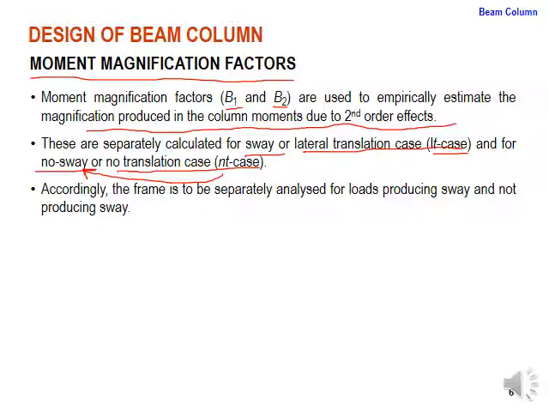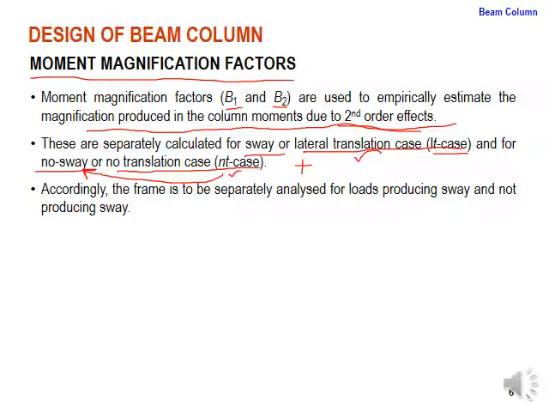Your member effect within the column is incorporated using the NT case, and your structural effect is incorporated using the lateral translation case. Then finally you get B1 and B2, and you superimpose them, taking the combined effect of both member and structure effect, to get the moment magnification, the final second order effect.